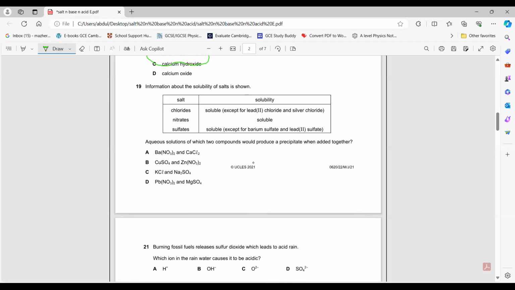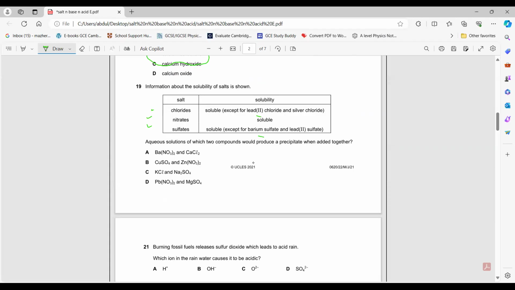Then we have, this is the kind of table I was asking you to memorize. Information about solubility of salts is shown. Chlorides are soluble except lead chloride and silver chloride. All nitrates are soluble and all sulfates are soluble except for barium sulfate and lead sulfate. Aqueous solutions of which two compounds will produce a precipitate when added together?